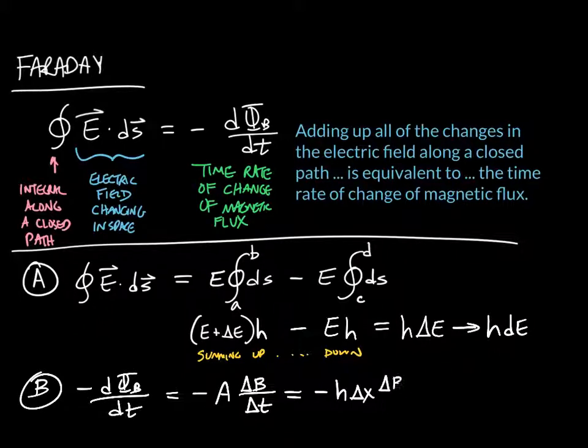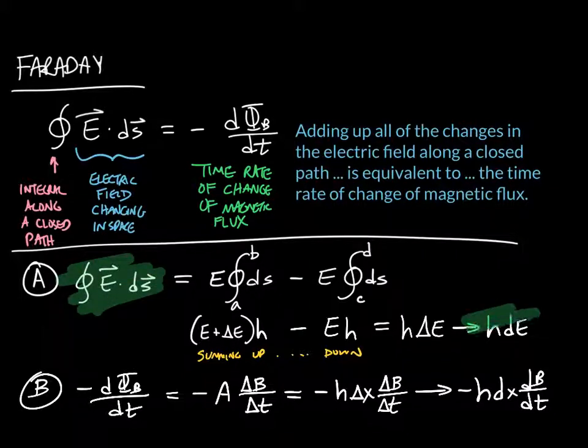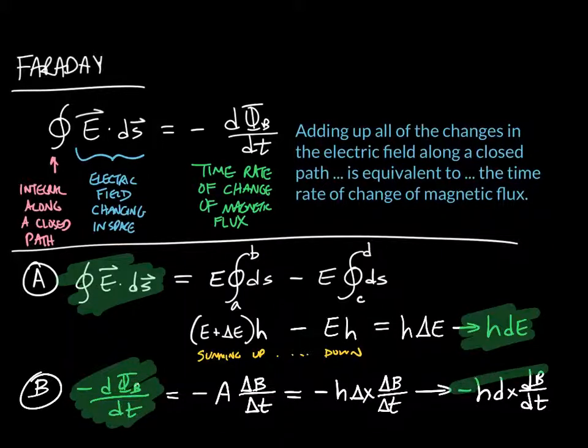And we had our delta B, delta t. So in calculus terms, that means we have an h dx, dB dt. So our end result: E dS gives us an H dE, and dB dt gives us this H dx, or phi dt gives us this other one.